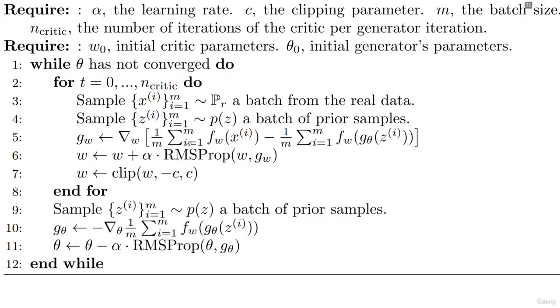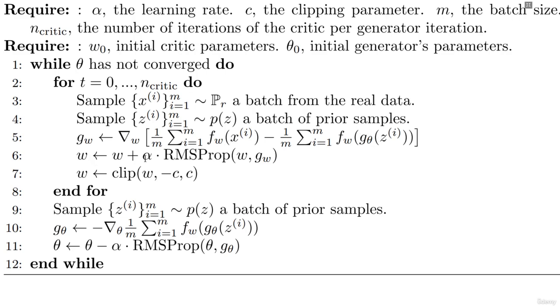And so to get the discriminator loss, we would have to take the discriminator outputs when the inputs are real data, like here. If we draw this from real data, we get these outputs, we sum them up, divide by the batch size, and subtract the sum of the discriminator outputs when the input is the fake data.